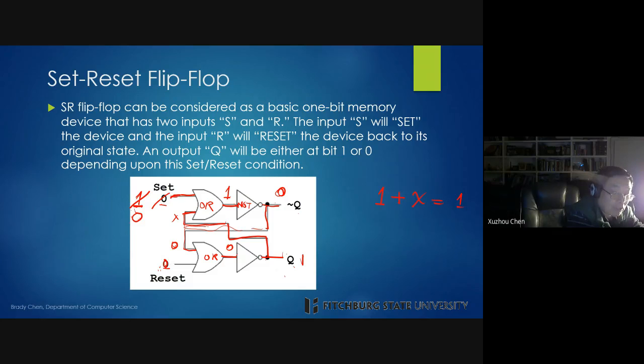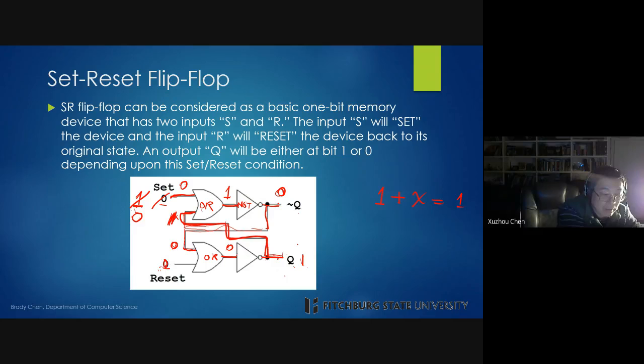Because if I change back to 0, here's the 0, and this side is 1 because it's connected to the output here. So this is 1. Even though this becomes 0, here's a 1, so 0 and 1 through the OR is still 1. So it's still 0 after the NOT. Down here, it's still 0, and still 0, 0, and still 1.